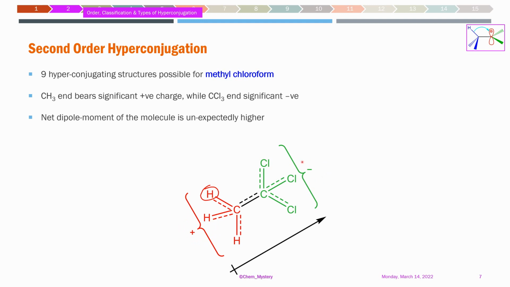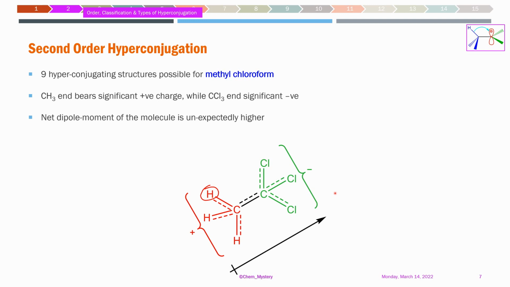If we do the vector addition of all those vectors, this value cannot be justified. We have to take into consideration this kind of second order hyperconjugation, and only then can we explain what we call the unexpectedly higher value of the dipole moment. Okay.